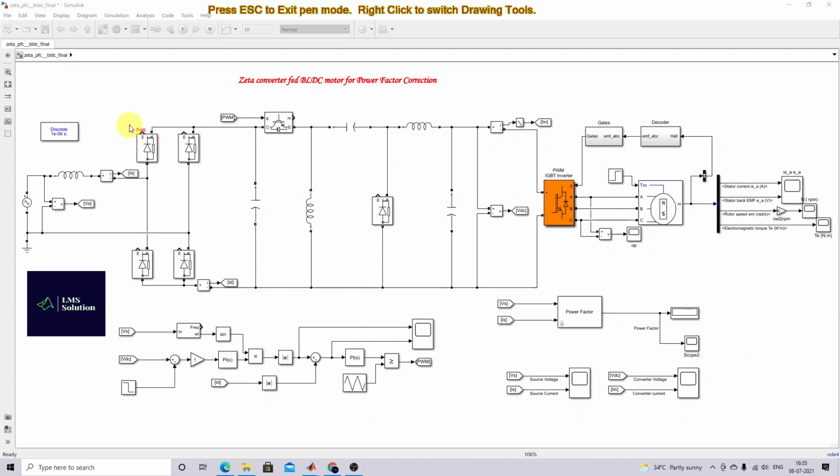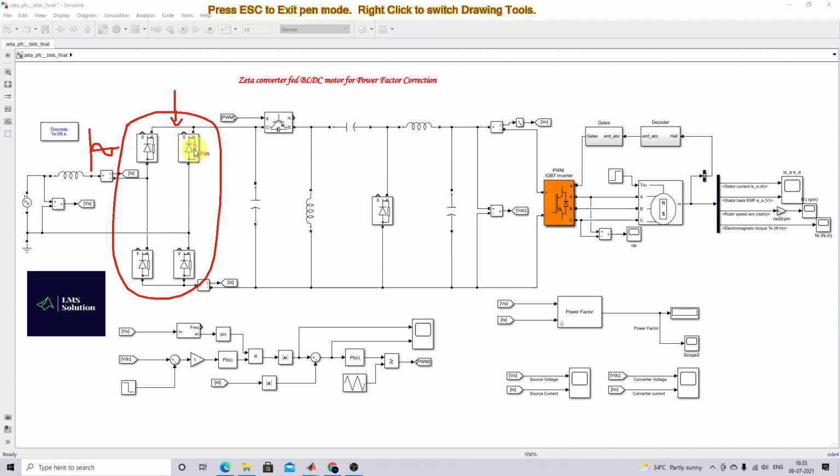When we use this diode rectifier, the nature of the source current changes. Normally, when you use the AC supply directly to drive an AC load, the current will be sinusoidal. But a diode rectifier is considered a non-linear load.